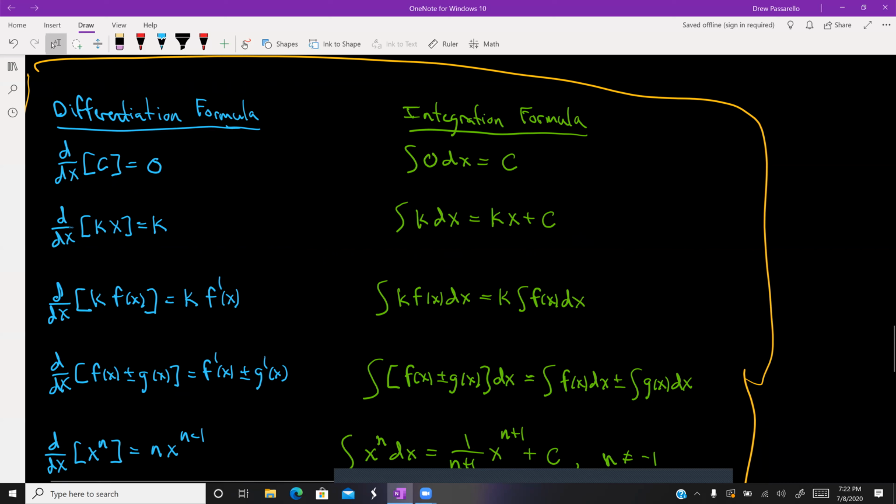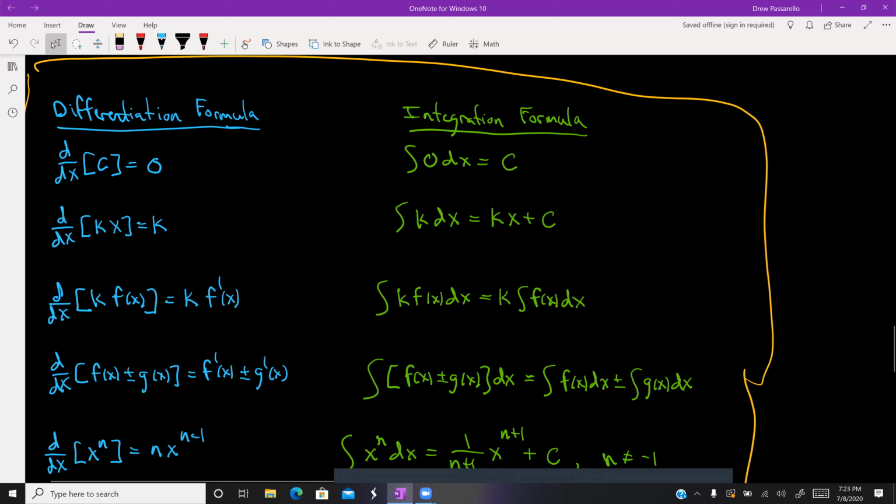Now if we took the derivative of k times x, k is just a number, right? That gives us just k because the derivative of x is 1. Going in reverse, if we integrate k with respect to x, that gives us k times x.